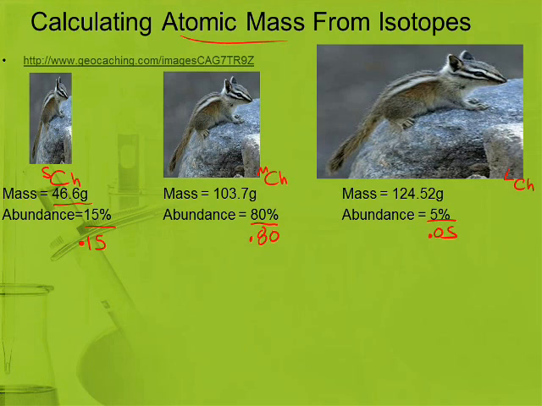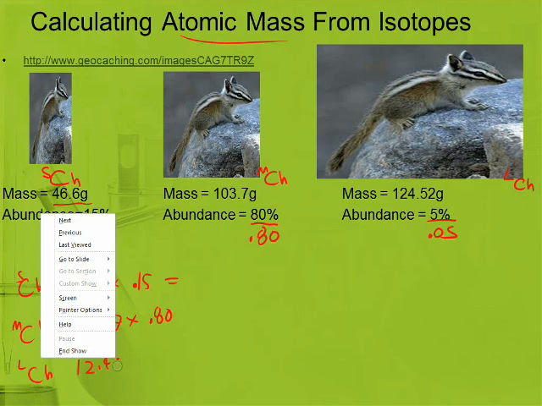Then what we're going to do is take each of these and multiply the abundance times the mass. So we take the mass of the small one and multiply it by the abundance, the mass of the medium one and multiply it by the abundance, and the mass of the big one and multiply it by the abundance.